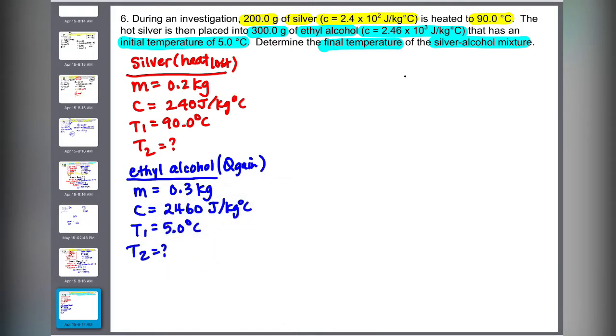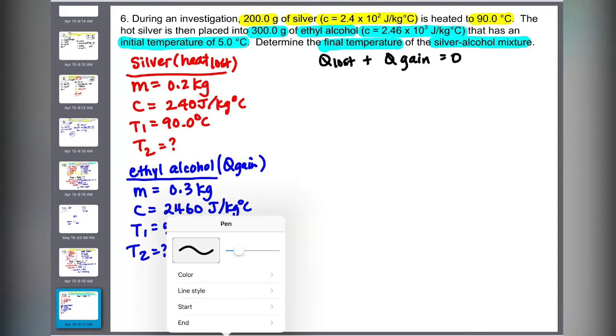Start out with the same equation: Q loss adding Q gain is equal to 0.